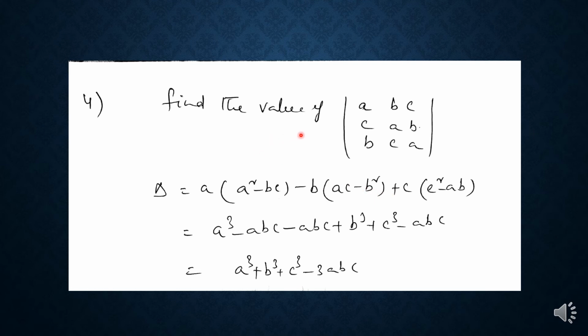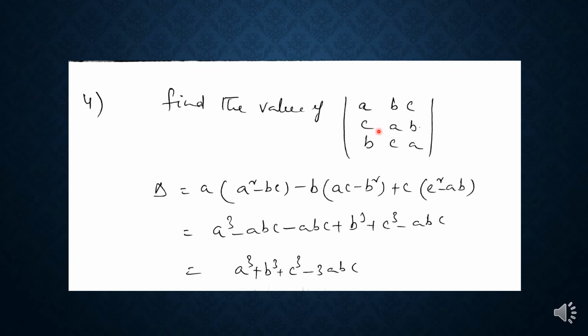So to find the value of the determinant here, take the first row: the element A into its cofactor plus B into its cofactor plus C into its cofactor gives the determinant.